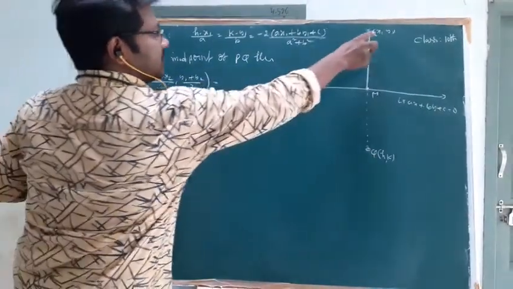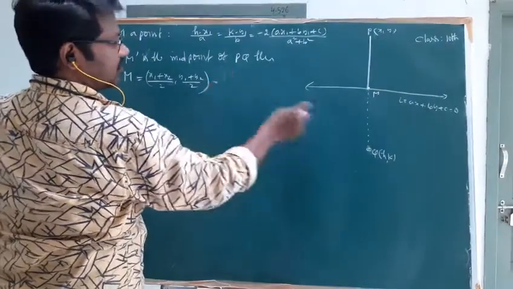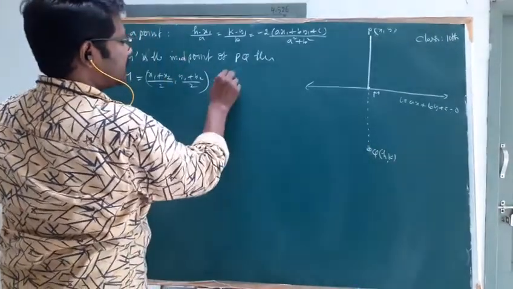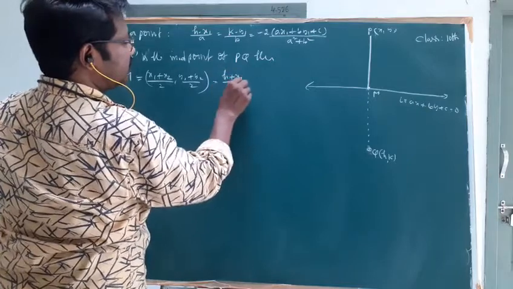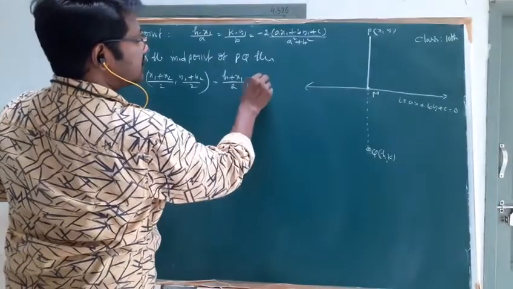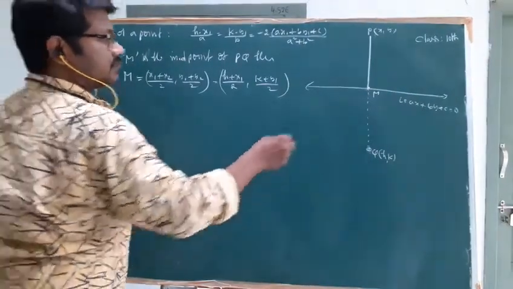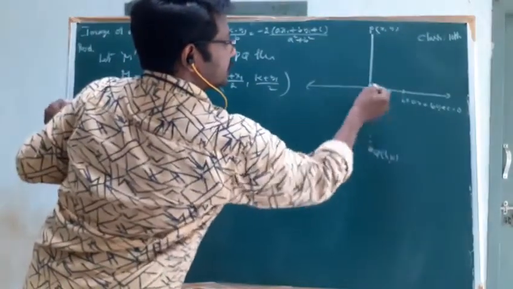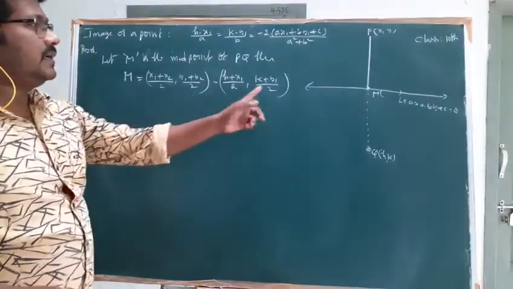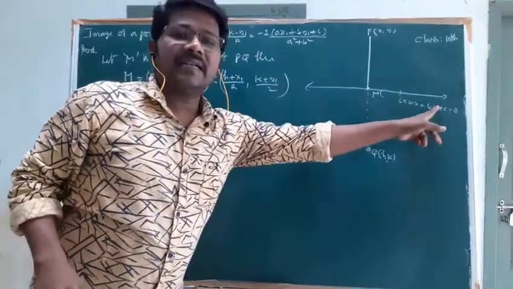What is x2? Here it is h. So M = ((h + x1)/2, (k + y1)/2). This point lies on the line.